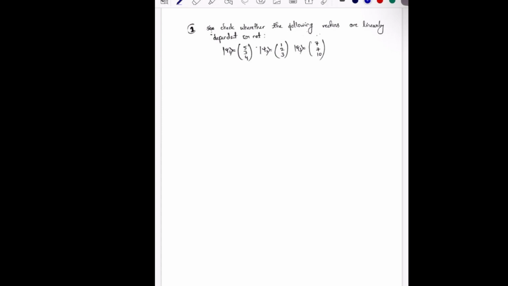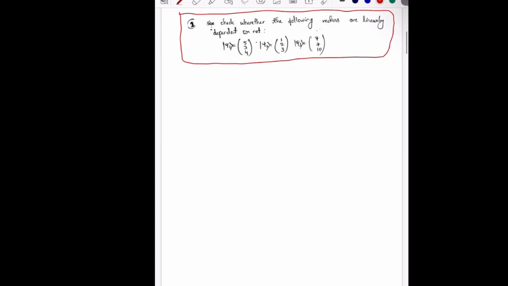So let's see the first question. Everyone, please read the question at least once. It is asking to check whether the following vectors are linearly dependent or not.